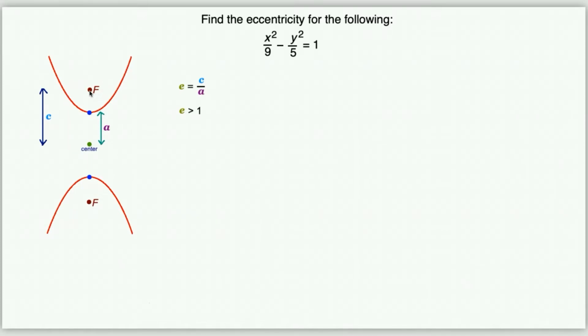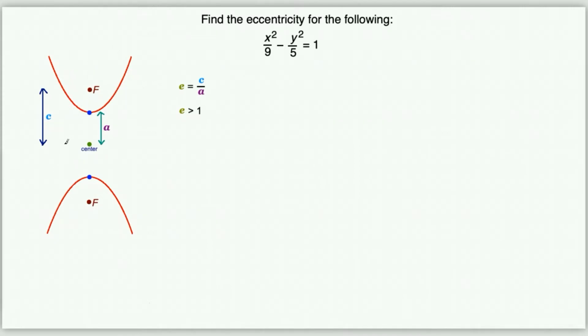So basically what this means is that when you decrease c in such a way that it moves closer and closer to a, you're bringing the focus closer and closer to the vertex. So the closer the focus is to the vertex, the smaller the distance here, the more vertically stretched the hyperbola curve will be.